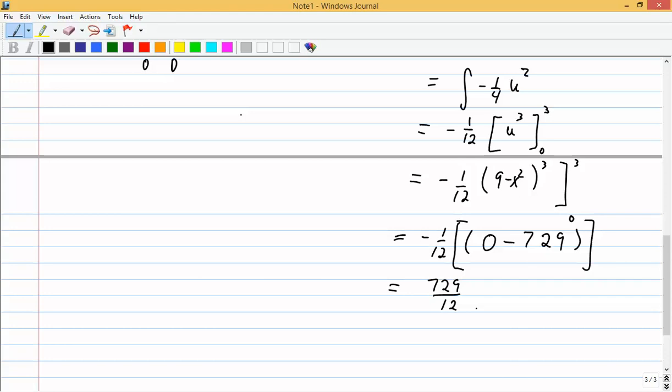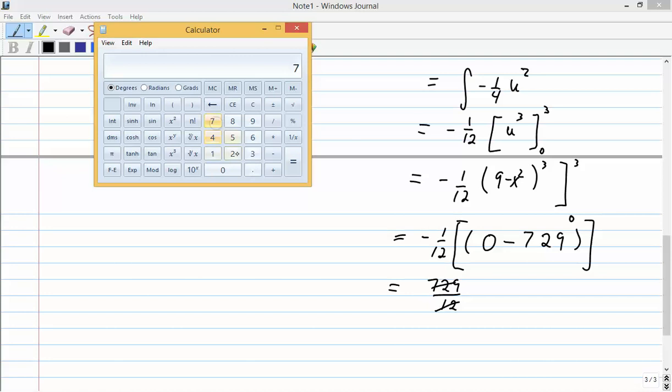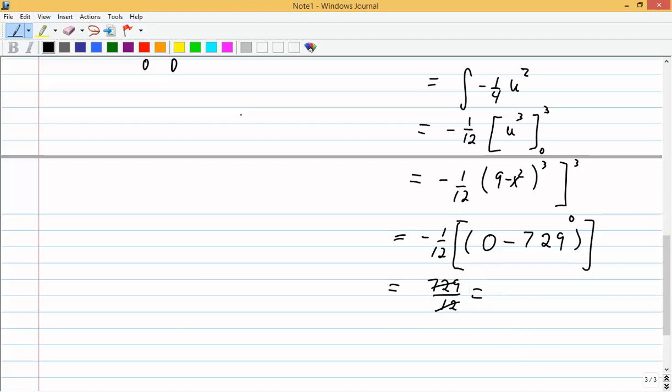I think you can divide both of those by 3. 243 over 4. Now, if I was to work that out and get a negative answer, remember this is mass. So I'm not going to get a negative answer. So this is my mass of the planar lamina.